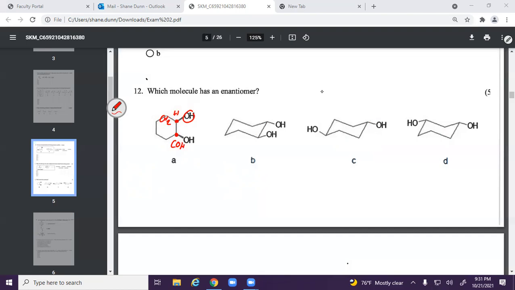So they're chiral. This guy right here is not chiral because it's bonded to two CH2s. Since it's not unique, it's not chiral. Same thing happens here. Two CH2s, non-chiral.